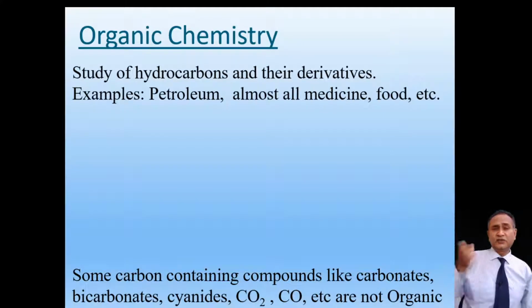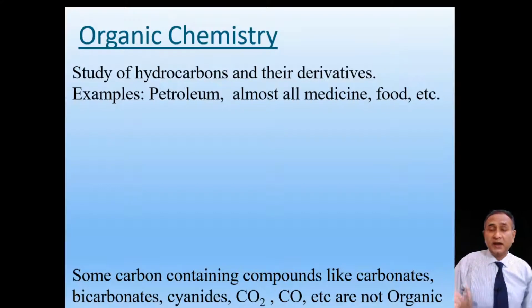It contains most of the common compounds that we know. Remember one thing, there are certain compounds that, though they contain carbon, are not included in organic chemistry. What are those compounds? Carbon dioxide, carbon monoxide, all carbonates, all bicarbonates, all cyanides. These are the compounds which are not included in organic chemistry.